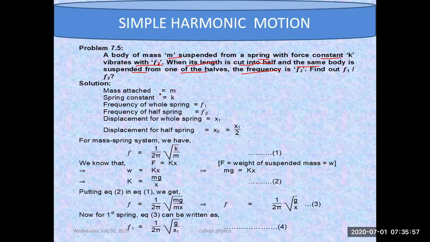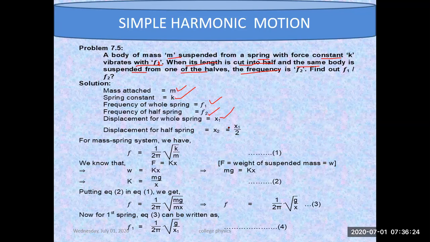So if you look at this, this is the mass attached, m, spring constant is k, frequency of the whole spring is f1, frequency of the half is f2. The displacement of the whole spring is x1.